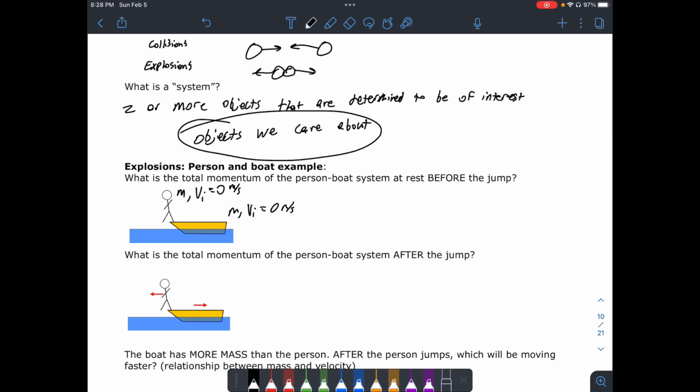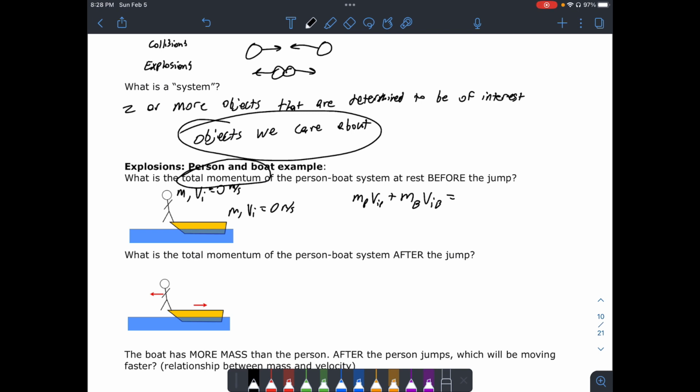So we can add up the momentum, because we're asked for the total momentum of our system. I'm just going to call it P, which is m_p v_ip plus the momentum of our boat, which is m_b v_ib.